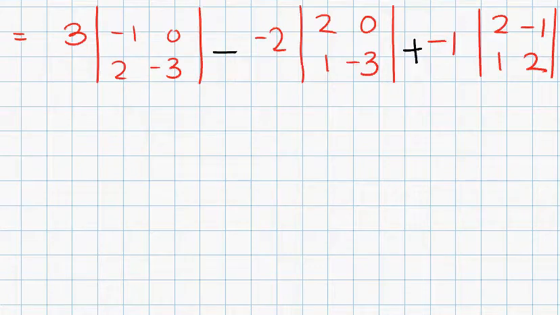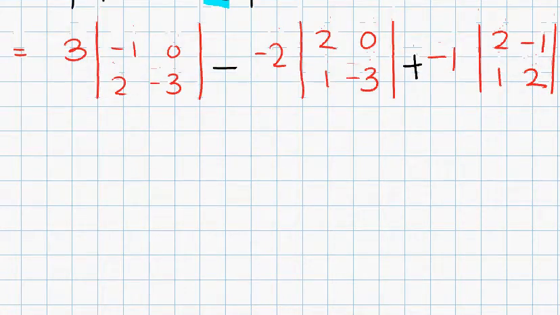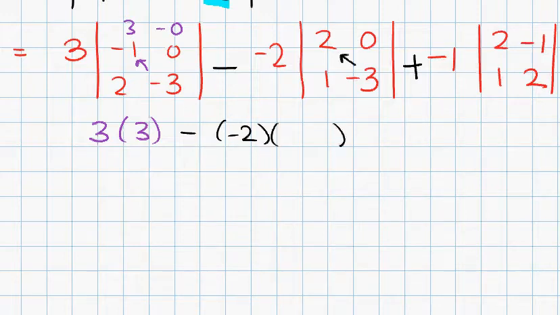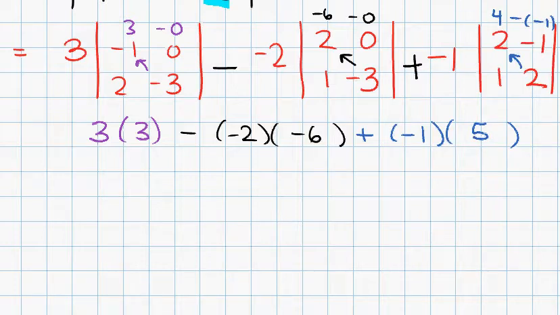So yesterday we found determinants of 2 by 2s. So that was when you multiplied up and subtracted. So this becomes 3 minus 0, which is just 3, minus -2 times -6 minus 0 is -6, plus -1 times 4 minus -1 is 5.